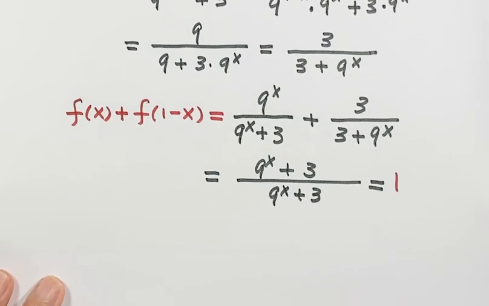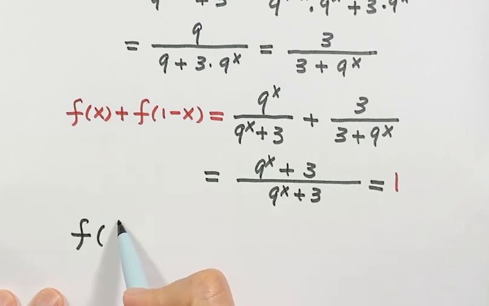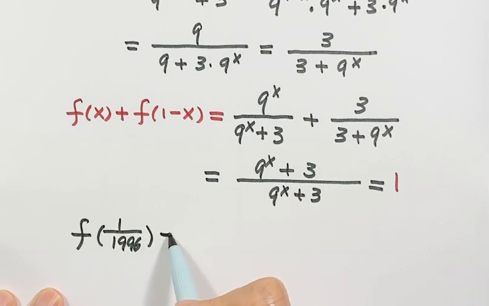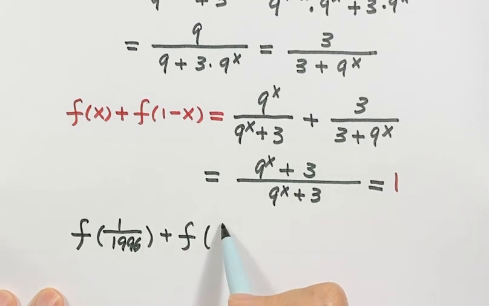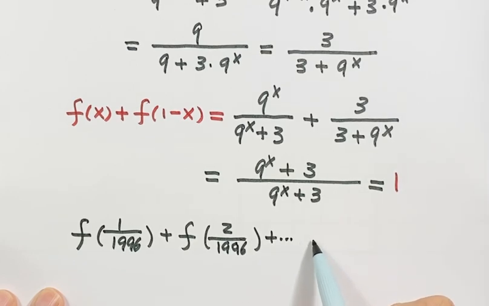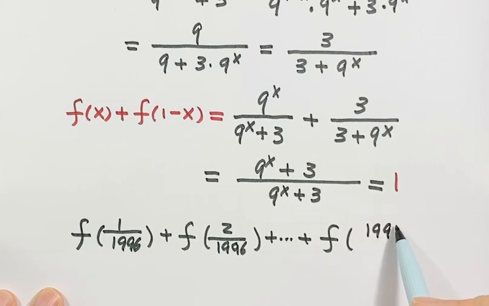Now let's start from our question, figure out the sum. f of 1 over 1996, that's the original question. The second term, 2 over 1996, until the last term, 1995 over 1996.